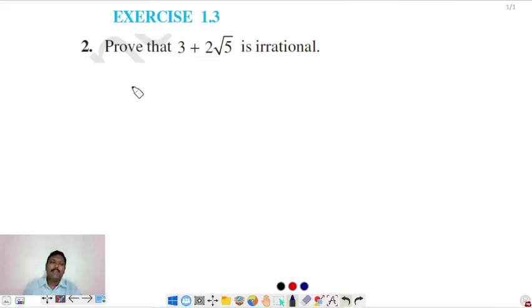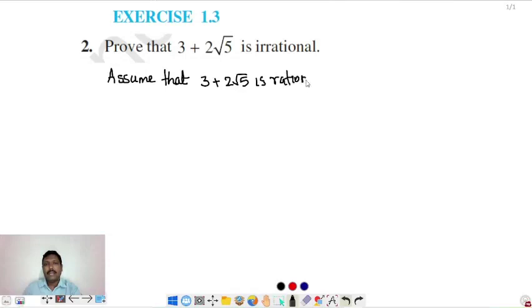Here also we have to assume 3 plus 2 root 5 as a rational number. So assume that 3 plus 2 root 5 is rational.